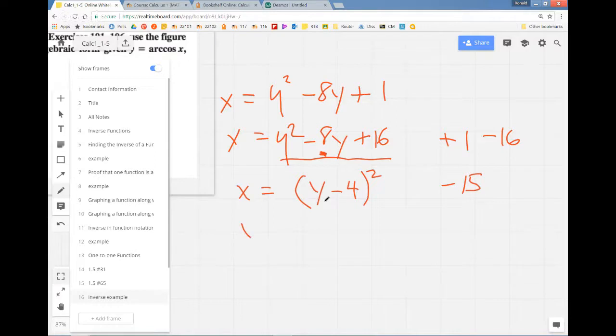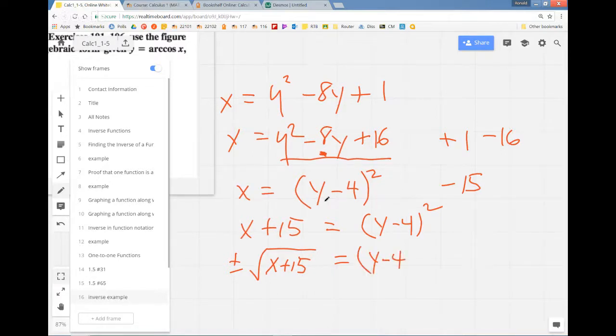And then when you add 15 to both sides, so this is that completing the square again. And then when you take both square roots, and then add 4 to both sides.